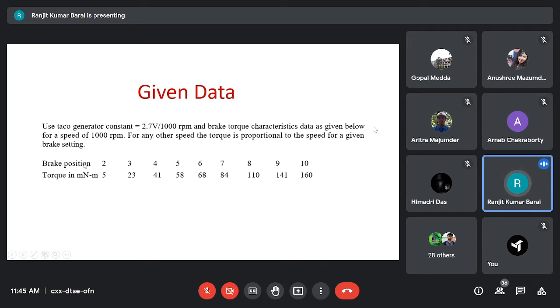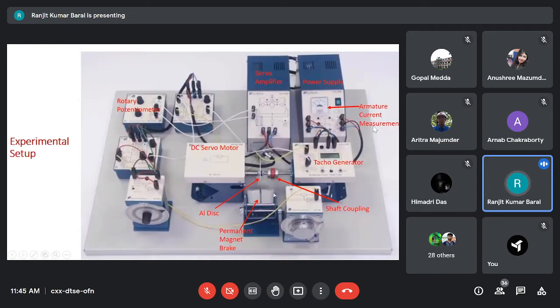Now another characteristic is given. We are assuming that when we apply the load torque, at equilibrium, that means at a steady speed, after the transient is over, it will settle down to a particular speed. At that speed, the electromechanically generated torque will be equal to the external torque or load torque. Only if these torques are balanced, there will be no further acceleration. Acceleration will be zero, because from Newton's second law, if we apply force, the first thing it generates is acceleration.